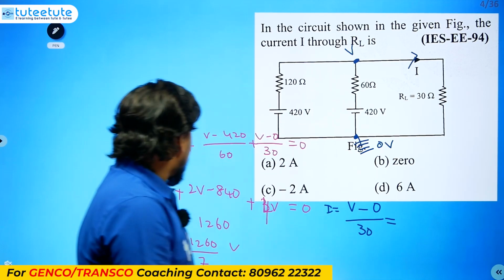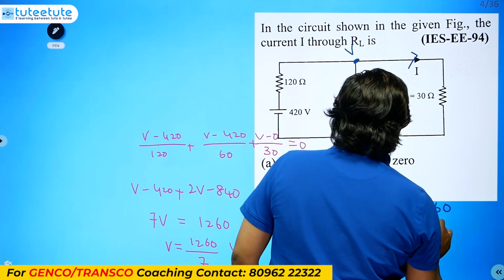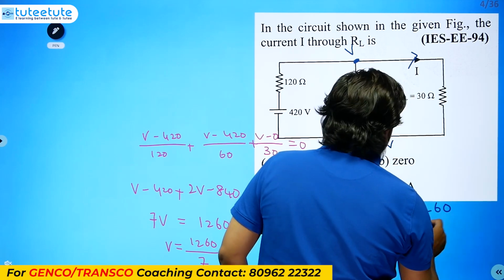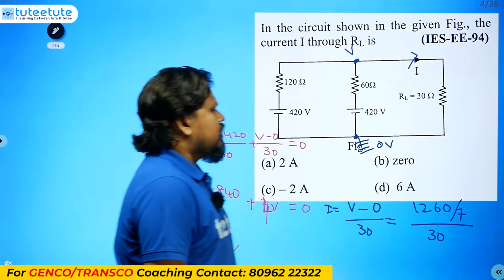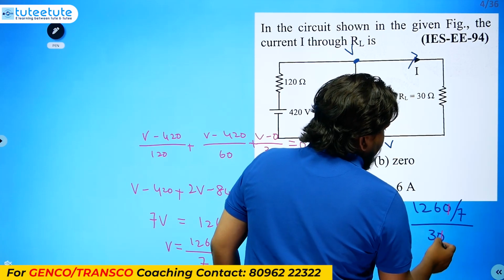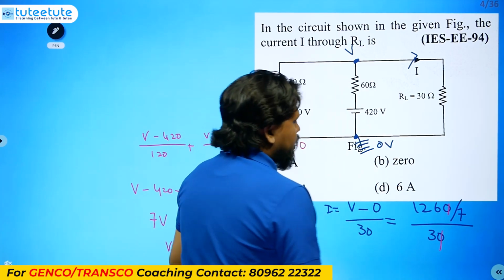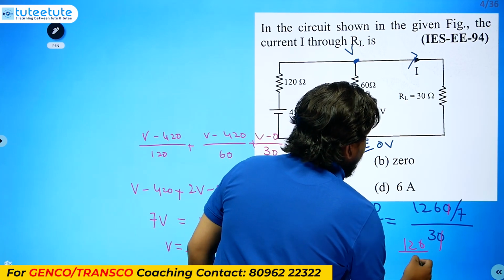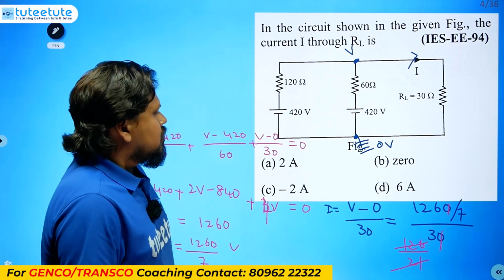Substituting the V value, 1260 divided by 7, minus 0, divided by 30. The 0 will be cancelled, and 7 into 3 is 21. So you will get 126 divided by 21.